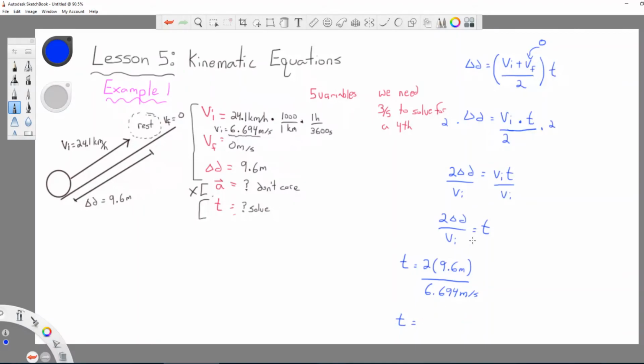This gives us a final answer of 2.9 something something seconds. But if we look back to our problem, our displacement only had 2 sig figs. So our final answer could only have 2 sig figs. I'm going to box that answer and call that done.